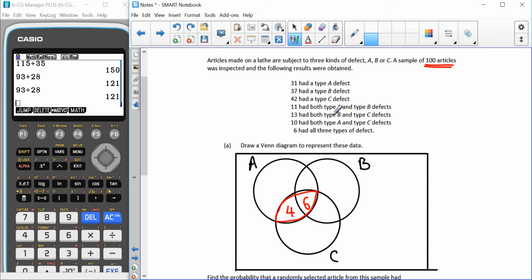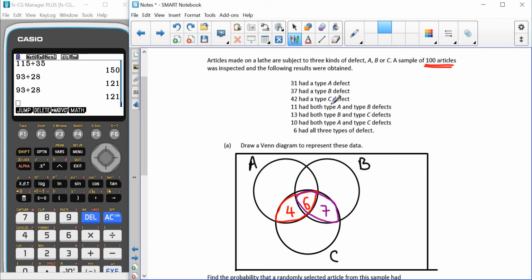Next, we have 13 that have a type B and type C defect. So again, in a similar way, looking at where B and C overlap, which would give us this section here. That's going to add up to 13. But 6 of those have already gone, so we've got 7 left over to go into that section there.